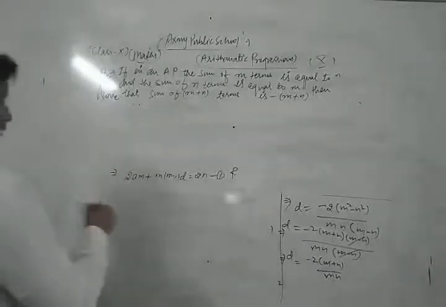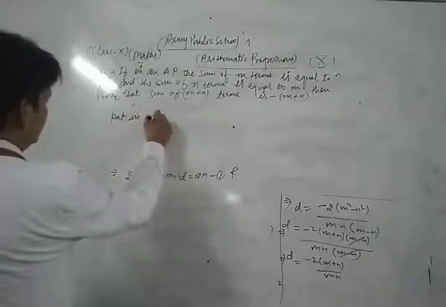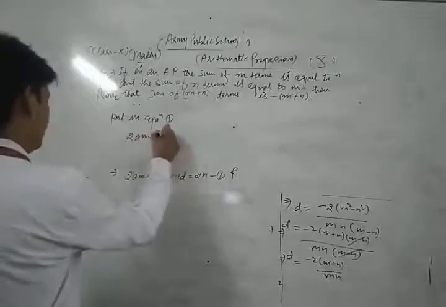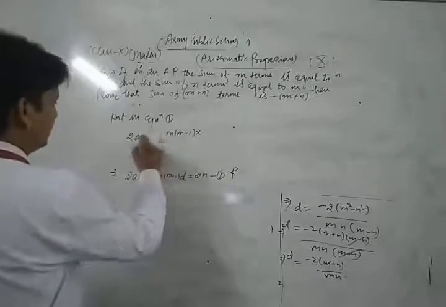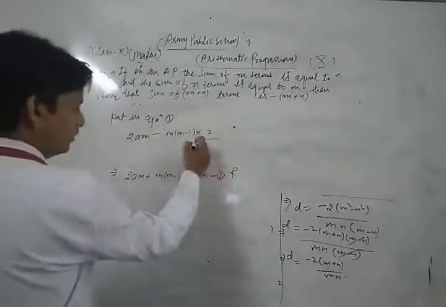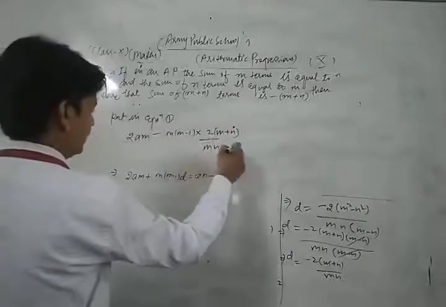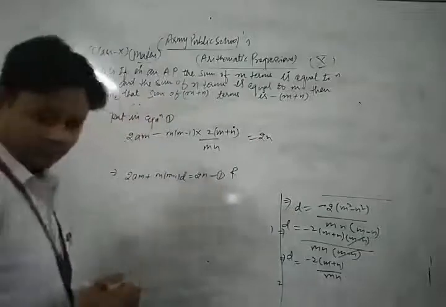Now put this in equation 1. So 2am plus m(n minus 1) into d, putting the value of d, so here we write minus 2(m plus n) upon mn, is equal to 2m.